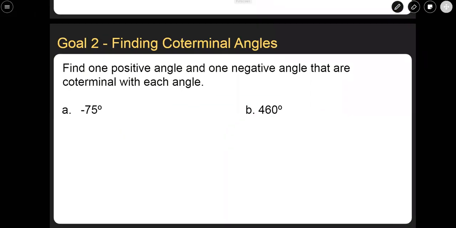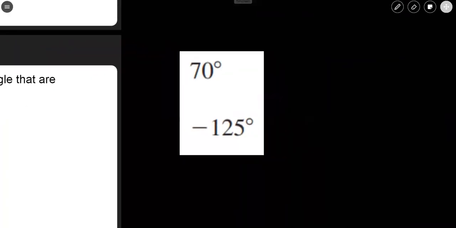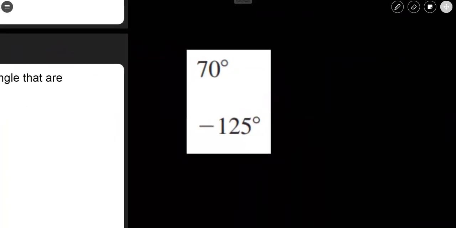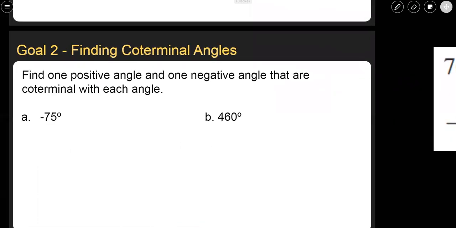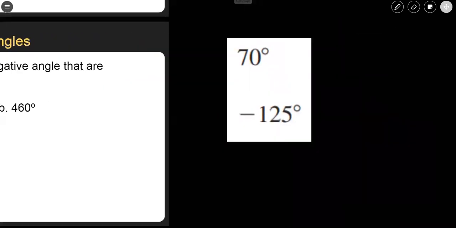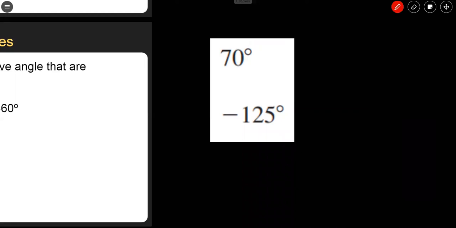So in class, we found a few coterminal angles, and that was just done by adding or subtracting multiples of 360, basically adding an extra time around, whether in a positive or negative direction, to create positive and negative angles. So for instance, if I'm at 70 degrees, and I want to create a positive angle that is coterminal, I'm just going to add 360 degrees to 70 degrees, and that's going to give me 430 degrees.